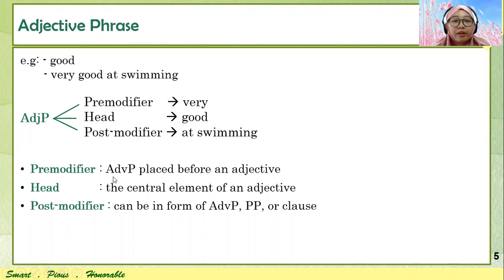A premodifier of an adjective phrase should be an adverb phrase, and it is placed before the adjective. And the head is the central element, and it should be an adjective, and a post modifier can be in form of adverb phrase or prepositional phrase or a clause. Jadi ini adalah at swimmingnya itu post modifier.